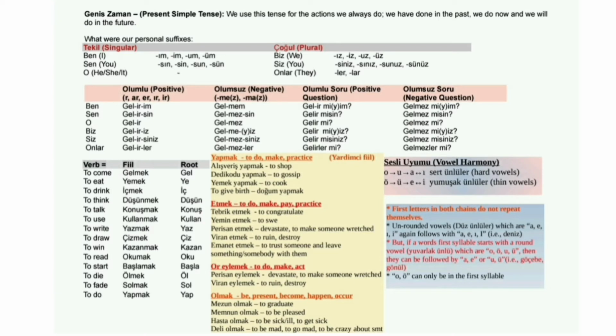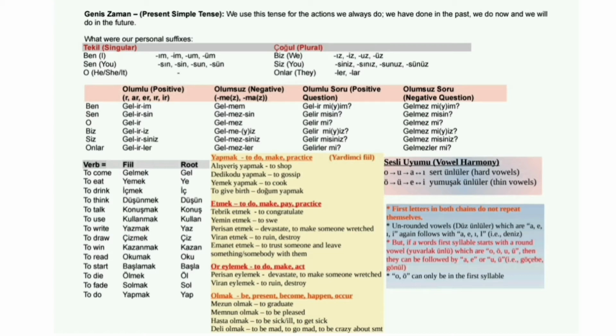For sen, gelirsin. O gelir. Biz geliriz. Siz gelirsiniz. Onlar gelirler.